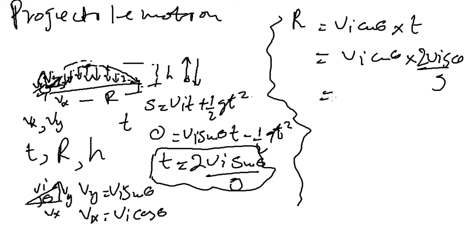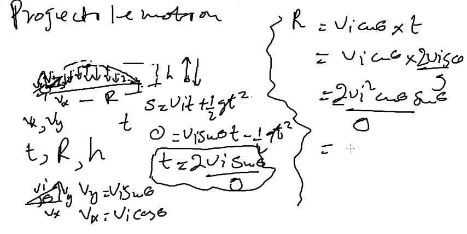Multiplying these, we get 2 vi square cos theta sine theta divided by g. Using the trigonometric identity 2 cos theta sine theta equals sine 2 theta, this becomes vi square sine 2 theta divided by g. This is my range, which I wrote in terms of initial velocity, theta and the gravitational constant.